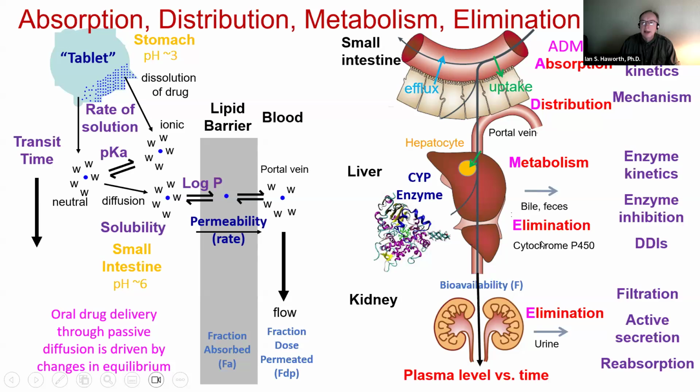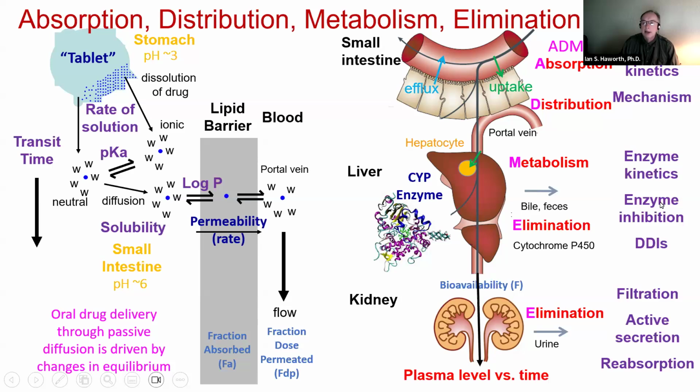So there are lots of different mechanisms here that we could explore in a lot of detail. But again, if we're thinking about this in terms of a physiologically based model, we've really got to understand enzyme kinetics. So the kinetics of the CYP enzyme, we need to understand the expression levels of the CYP enzyme.